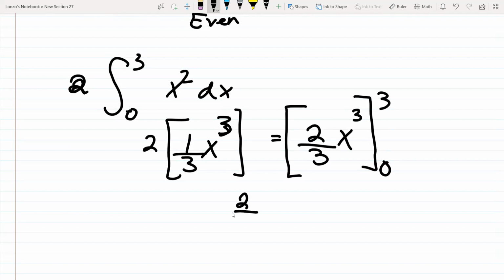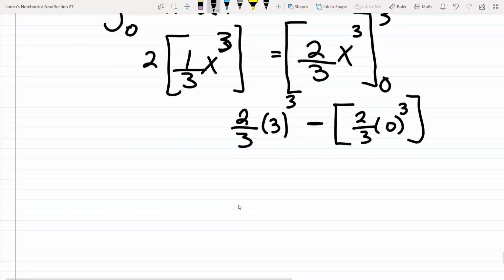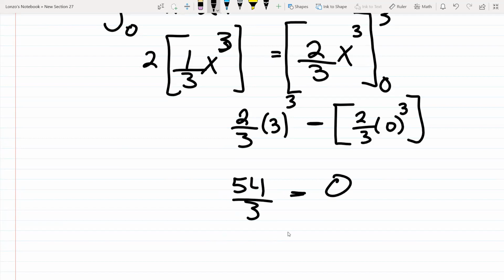So it's going to be 2/3 times 3 to the third, minus, if you want, you can put a bracket, 2/3 times 0 to the third. So 3 to the third is 3 times 3 is 9, 9 times 3 is 27. Times 2 is 54 over 3, minus 0. And then 54 over 3 is just 18. So that would be your final answer.